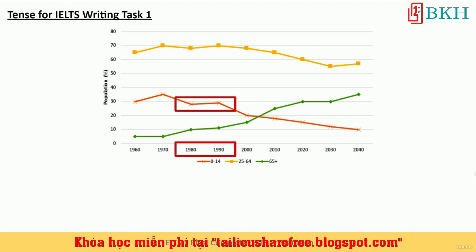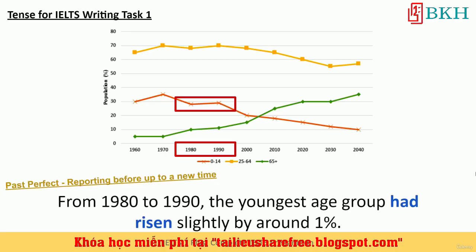So I'm looking at these dates, 1980 to 1990, and I can use the past perfect like in this example here. From 1980 to 1990, the youngest age group had risen slightly by around 1%. So reporting a past time up until a later date or now, I can use the past perfect.